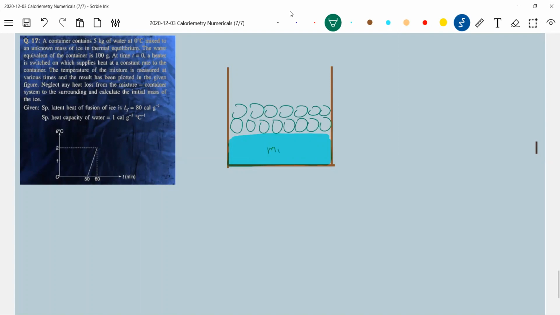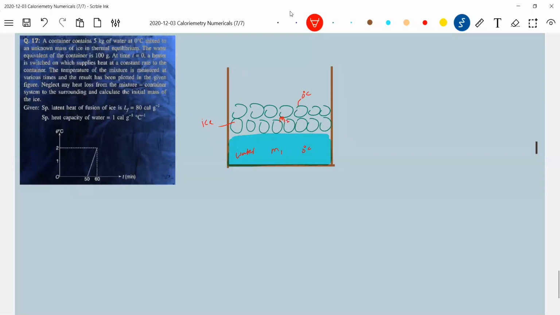Okay, let the mass of water be m1, and the mass of ice be m2. So there's ice, unknown mass. So this is the water, at 0 degrees Celsius. It is also at 0 degrees Celsius.